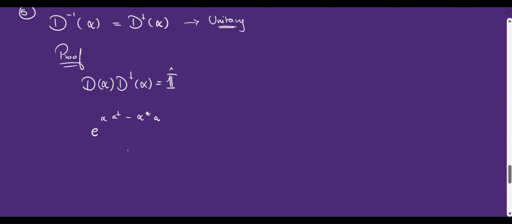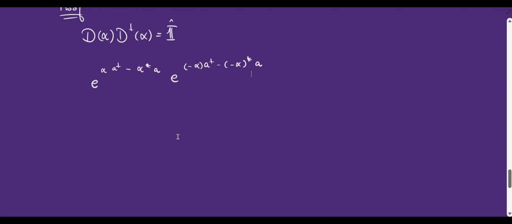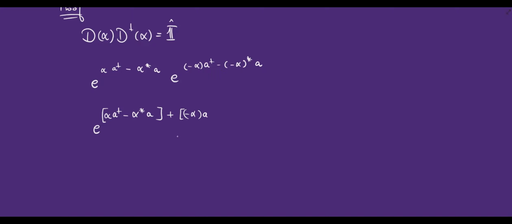As I just proved in the previous one, this is d of minus alpha a dagger minus alpha star a. Now I can use the Baker Campbell Hausdorff formula and write this as alpha a dagger minus alpha star a plus minus of alpha a dagger minus alpha star a.